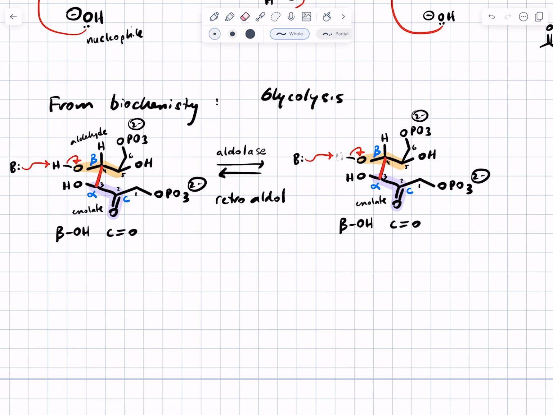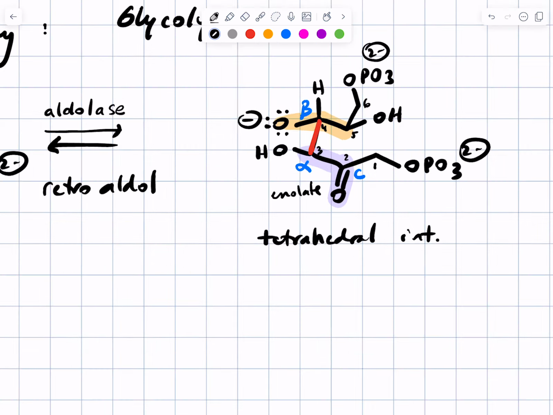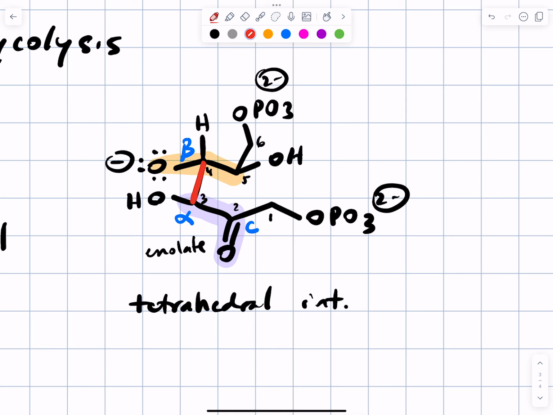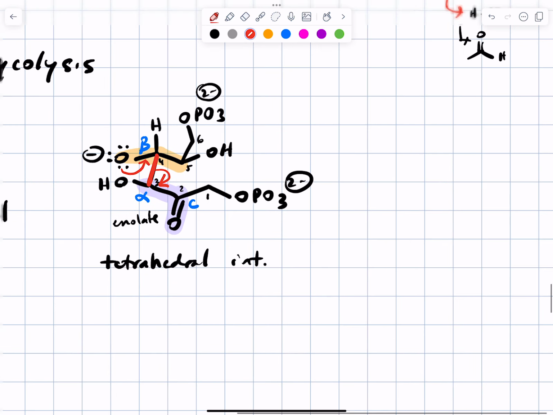I'll erase some of these details. Once you've gotten to the negatively charged oxygen, this is the sort of tetrahedral intermediate. Then the key retroaldol step is electrons kick down here and the leaving group leaves with the negative charge on the alpha carbon. So I'll draw for you that retroaldol step.